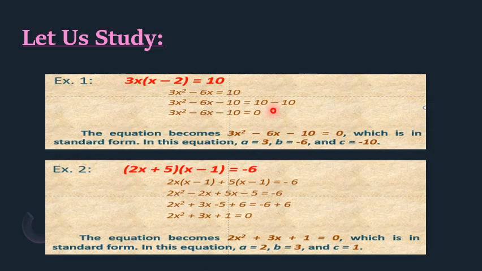Take note ani ha. Kung magdeduct ka og 10 diri sa right side para mahimo siyang 0, you should also magdeduct og 10 diri before the equal sign. So naa tay 3x squared minus 6x minus 10 is equal to 10 minus 10. So therefore naa kay final answer nga 3x squared minus 6x minus 10 is equal to 0.